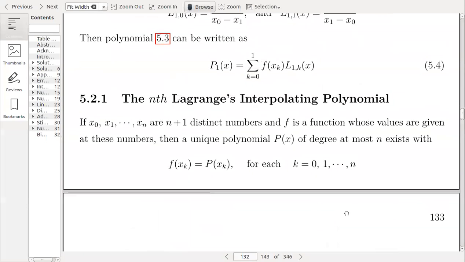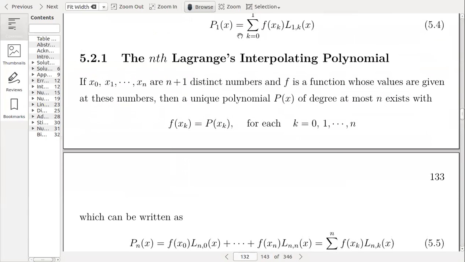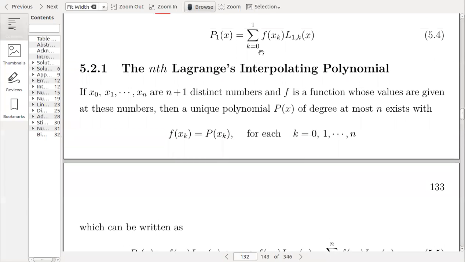So if you make a comparison of this summation and this summation, what is the difference? The difference is only n, because here is L1k and here is Lnk, and f of xk is the same in both formats. Here there is only one coefficient L1 of x. If we start from 0 to 1, we will have two Lagrange coefficients, 0 and 1, because the first coefficient starts from 0.